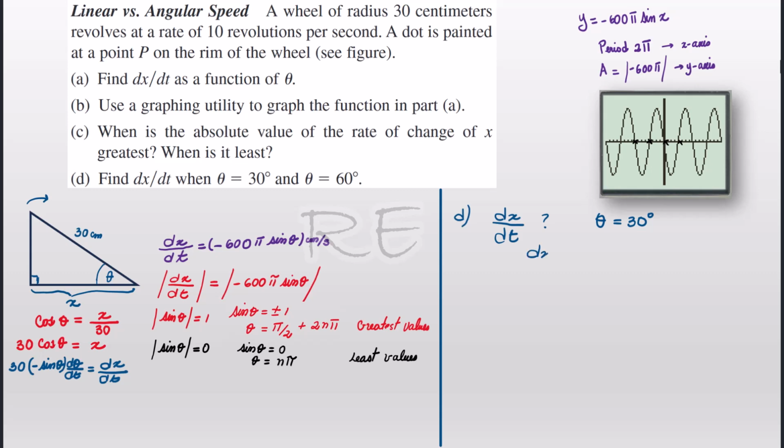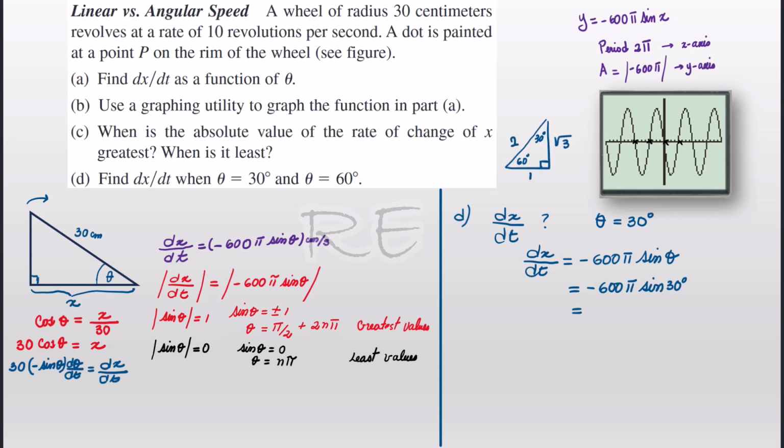Now for d, we need to find the rate of change of x when theta is 30 degrees. We just have to plug sine 30 degrees into our equation. So it's negative 600 pi times sine 30.